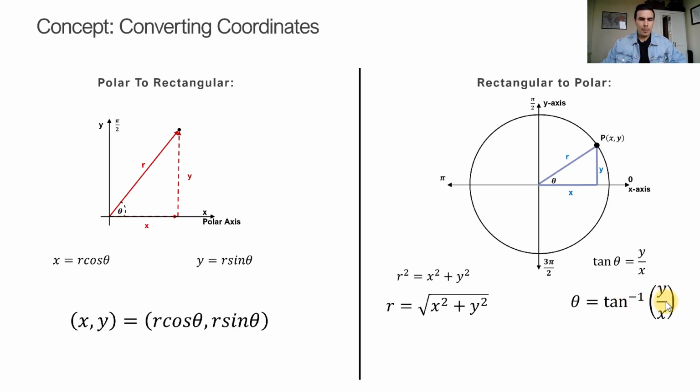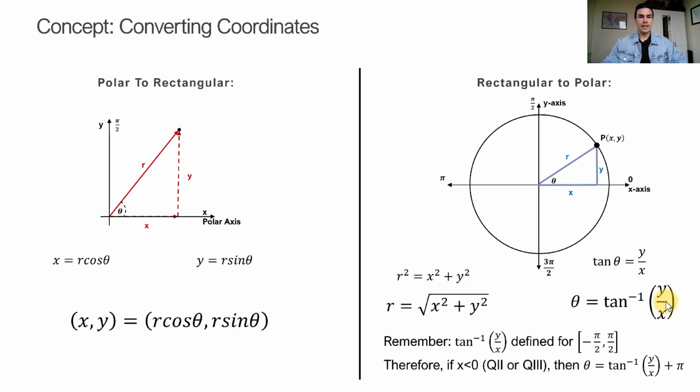Now remember this, guys, from when we went over our inverse trig functions. Inverse tangent is defined on this very specific interval of negative pi over 2 to pi over 2. So if our x value is negative, meaning we are in quadrant 2 or quadrant 3, then my equation changes a bit, because I need to add pi to my inverse tangent in order to get my theta value.